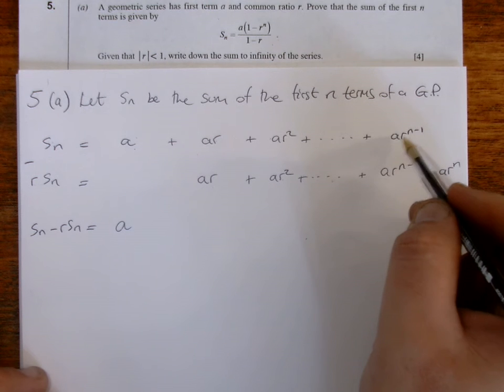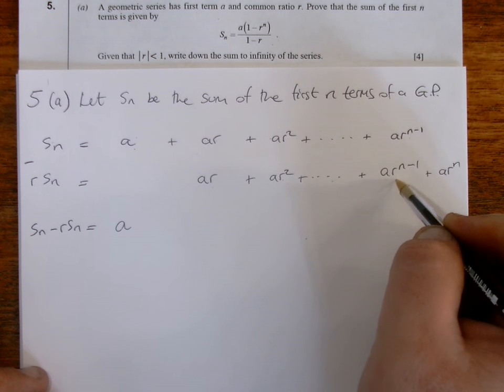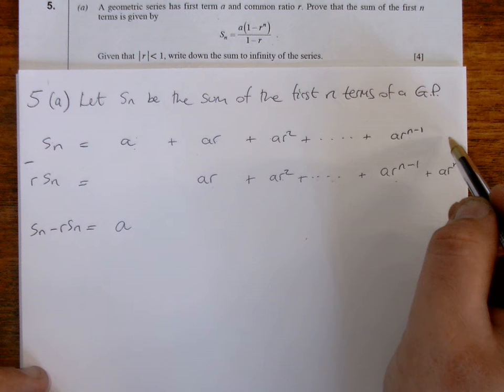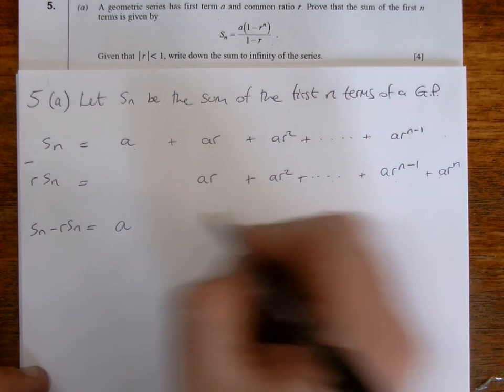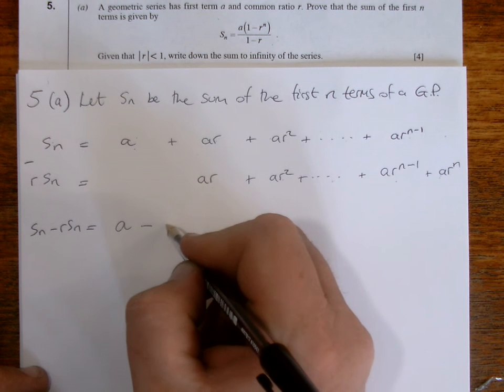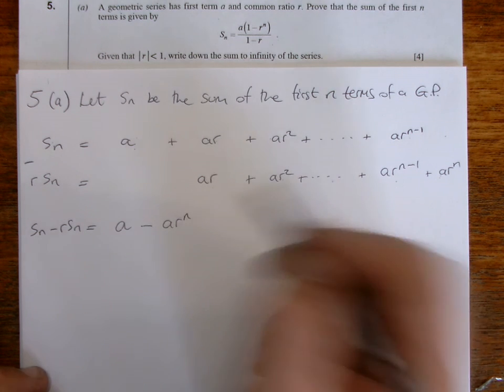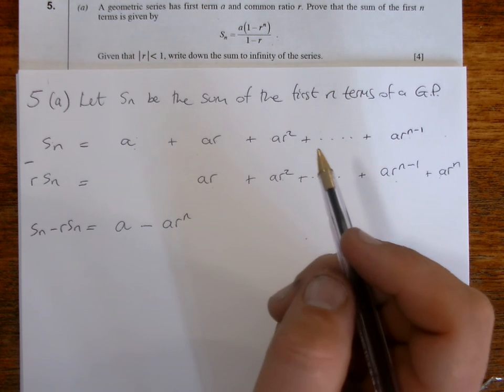We come to this last term then. Take away this term is 0. And at the end you've got nothing, take away this, so it's quite simply minus ar to the power n. So that's what you're left with.